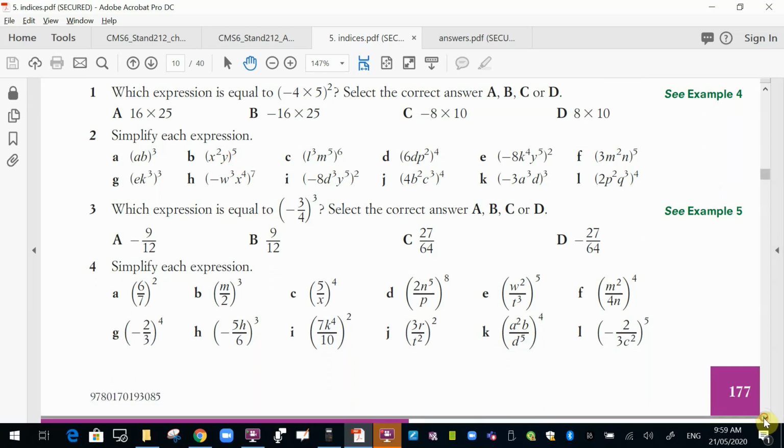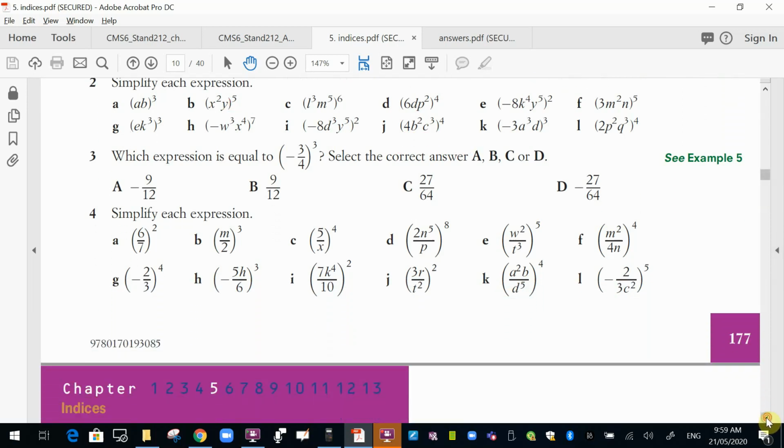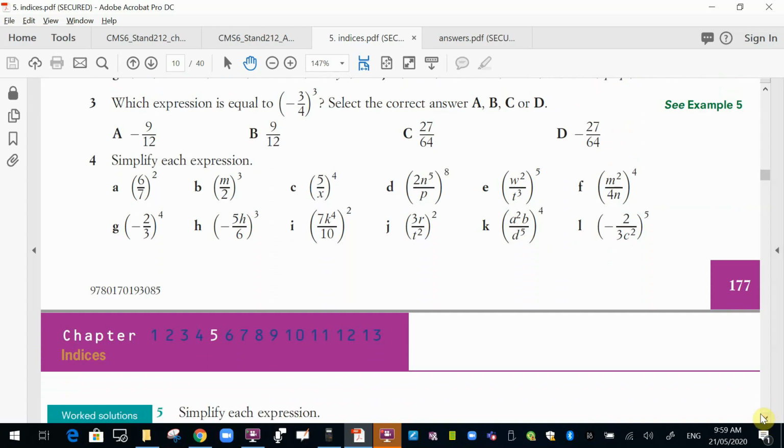Let's have a look at a couple of ones in question 4. So you're doing every second one, a, c, e and so on. Let's have a look at 4b. Now, when we have this bracket over a fraction to a power, you can look at it this way.